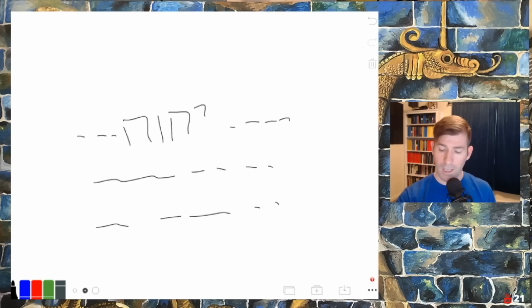And in the margin, they wrote those letters. Let me put the word back up here so you can see it. Those are the vowels.